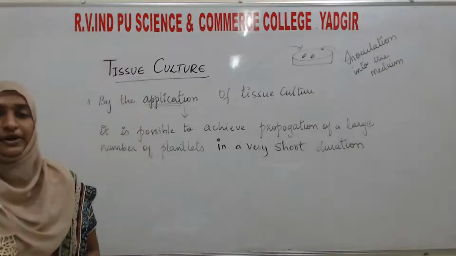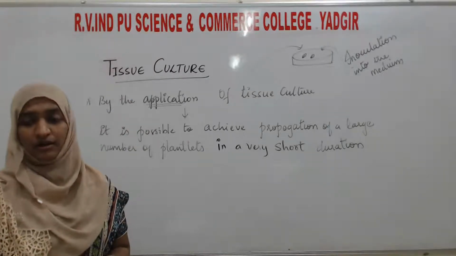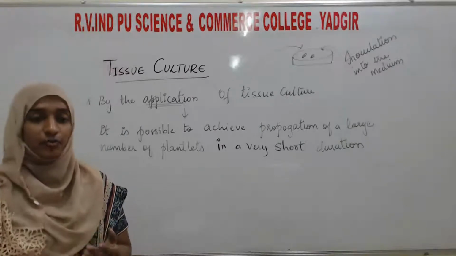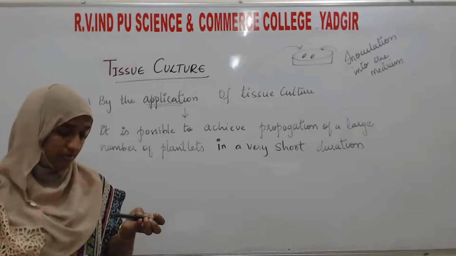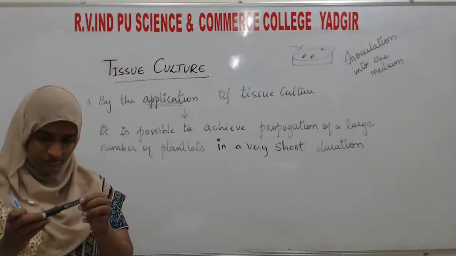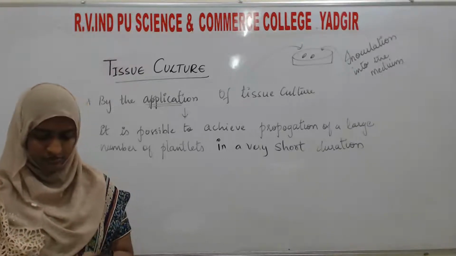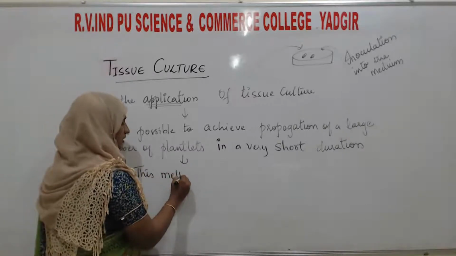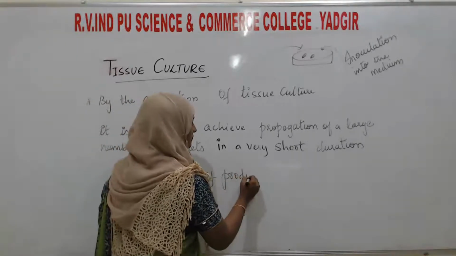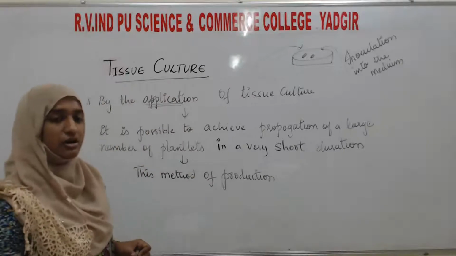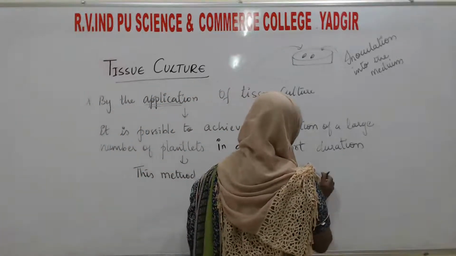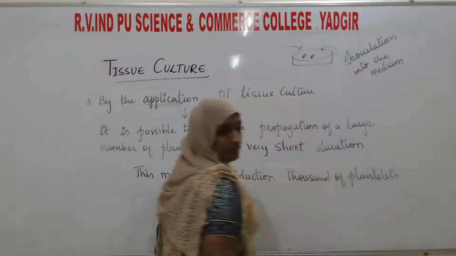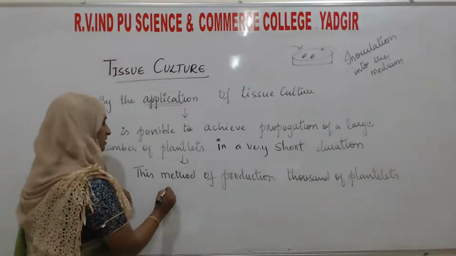So in a very short period of time, they will get many plants, or plantlets, as we call them. This production of many plantlets can go up to thousands in a short period of time through tissue culture.